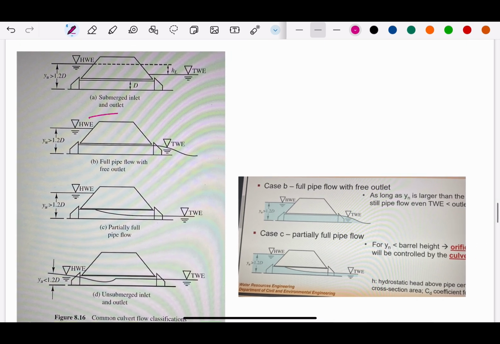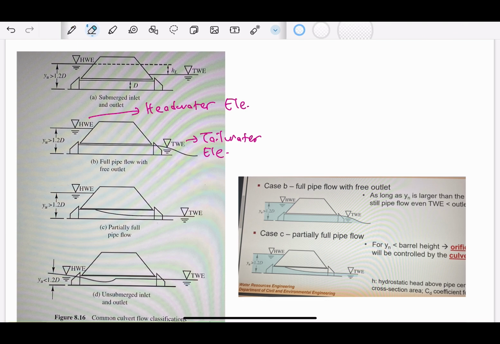So here we have headwater elevation. We have tailwater elevation. So for example, in the question, it says we have headwater elevation as 13.3 feet.